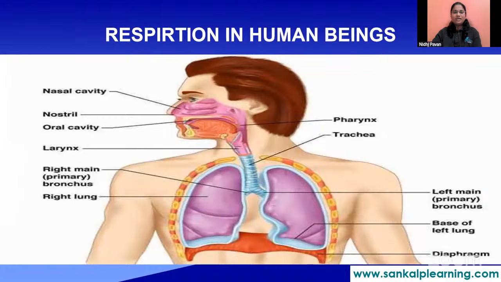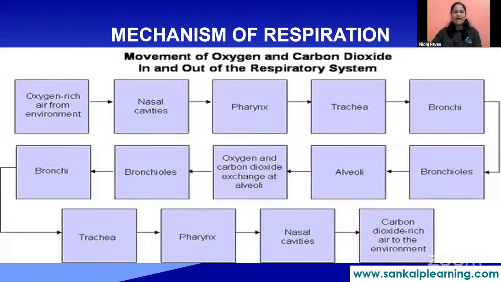And respiration in human beings, so here you can see the parts of respiratory system, right? Then we have the passage. So oxygen will enter from the air, from the environment.